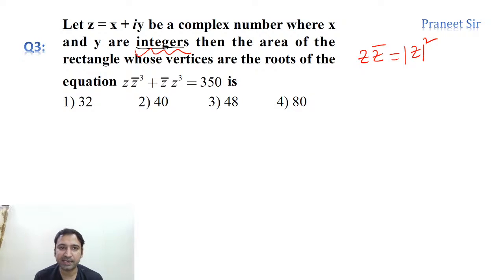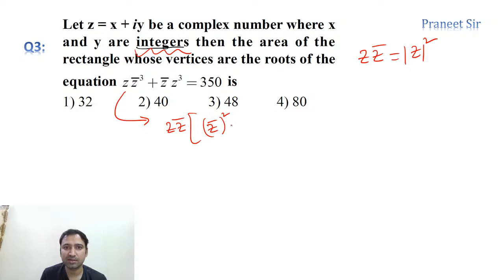So can we bring z into z bar outside? Can we write it as z into z bar times ((z bar)² + z²)? That's what we're getting. Correct or not? This is 350. So what is the answer, guys? 48 is the answer. Okay. Anyone else?